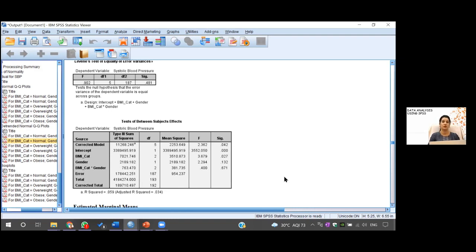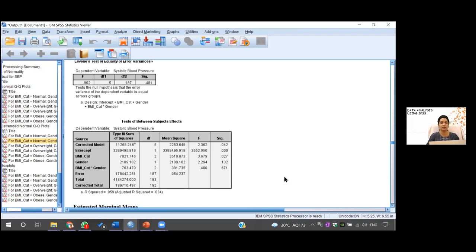Okay. So if interaction is not significant, then I am going to report the main effect. Main effect means I'll report separately for gender and for BMI CAT. Now another question you may ask: why can't I perform one independent sample t-test for gender and one ANOVA for BMI CAT?